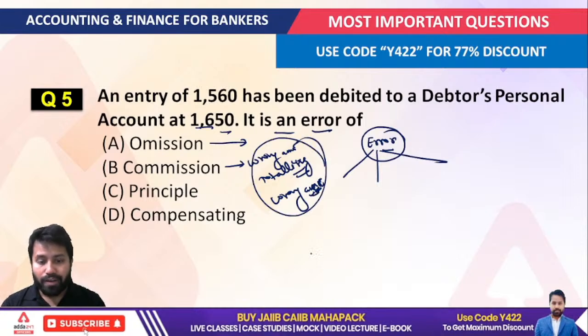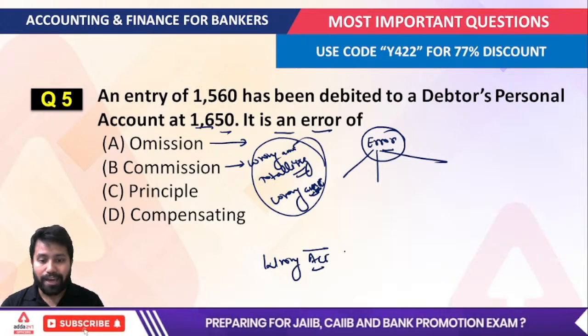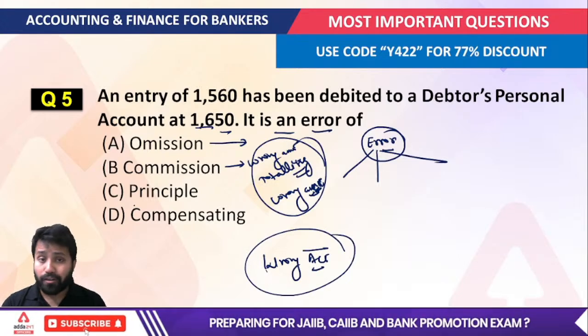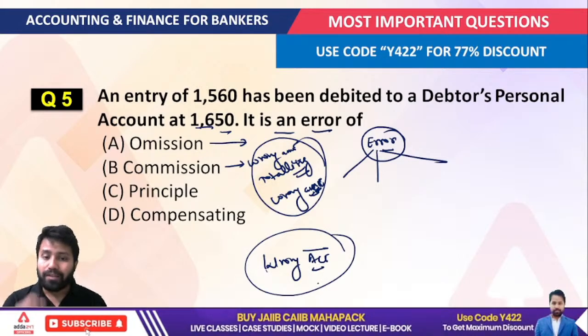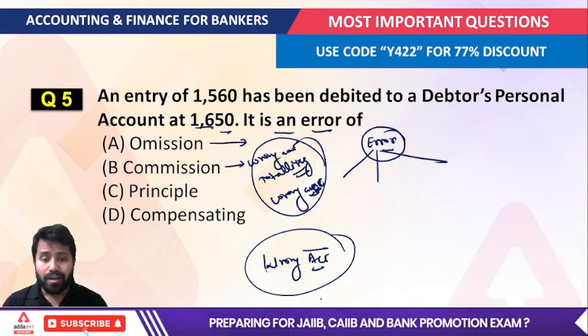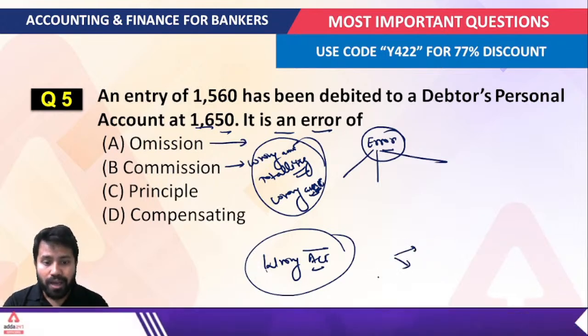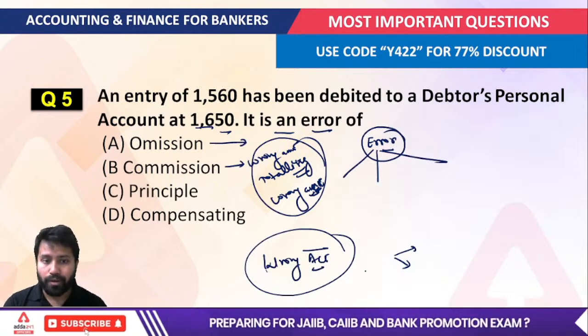When we talk about the wrong account, we talk about the wrong account in the error of principal also. There is a minute difference between the error of principal and the error of commission that you have to understand. Whenever by mistake we debit another person's account instead of the one we meant to debit, that is the error of commission.